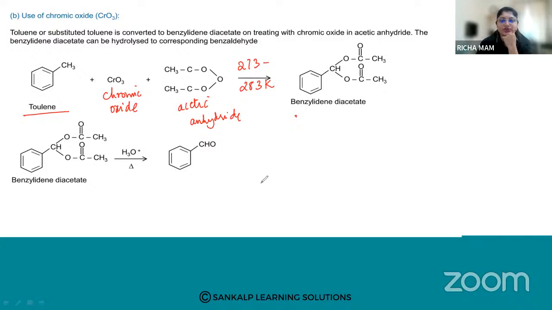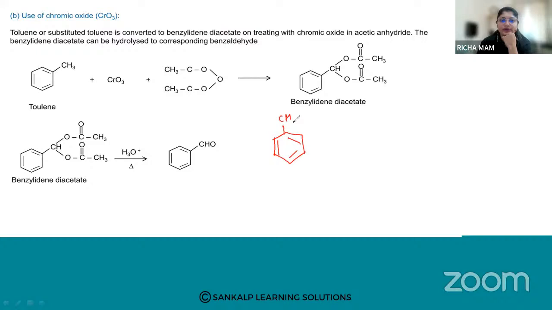I'll show you how this reaction proceeds. This is my toluene, in the presence of CrO3 plus CH3CO, that is my acetic anhydride. So what will happen here? These are the two molecules.